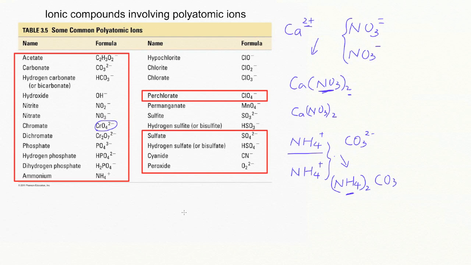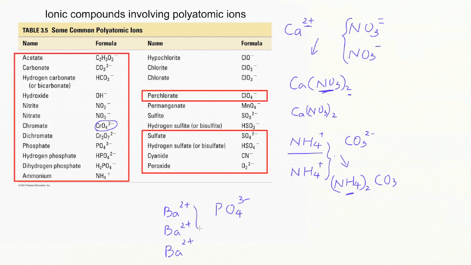Let's see. How about barium 2+ and the phosphate. Okay, phosphate right here. Now, how do we write the formula? We increase the number of the barium 2+ like we did for binary ionic compound. Is this balanced? Apparently not, right? So you further increase that number of barium 2+ to 3.